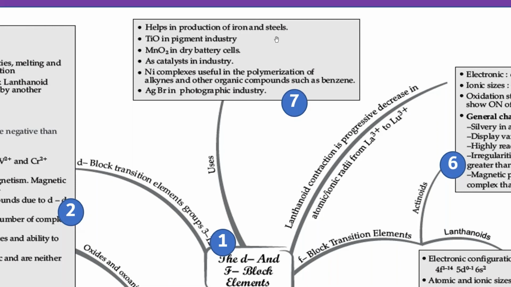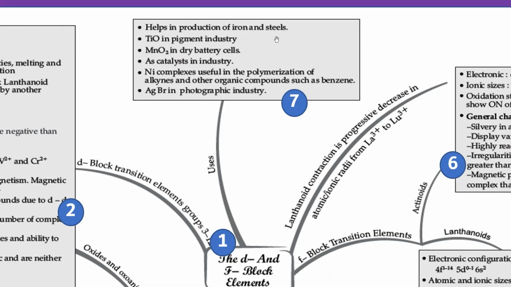Now, nickel, when in the form of complexes, is useful in the polymerization of alkynes and other compounds such as benzene. So benzene and other organic compounds can be polymerized when we're using nickel complexes.